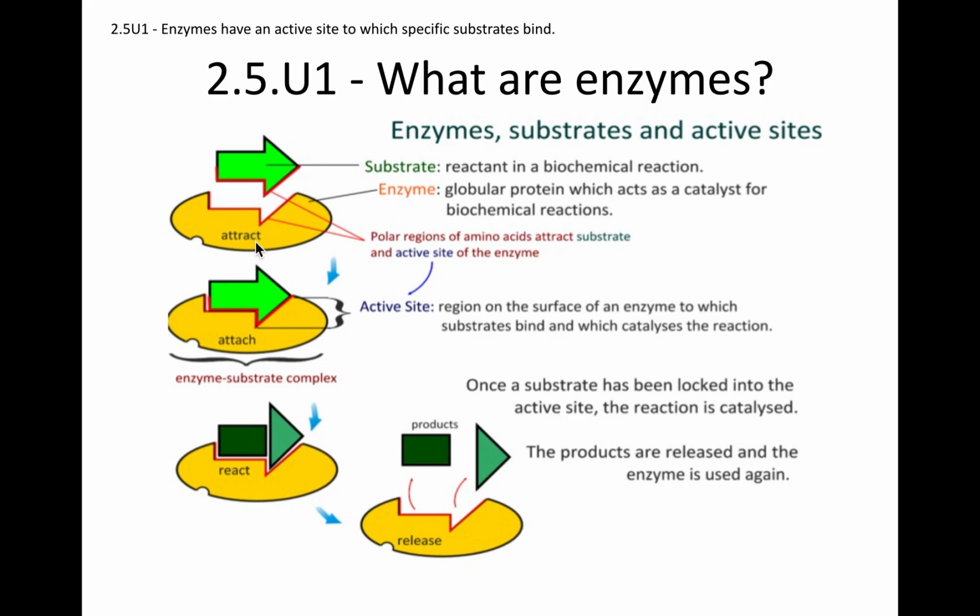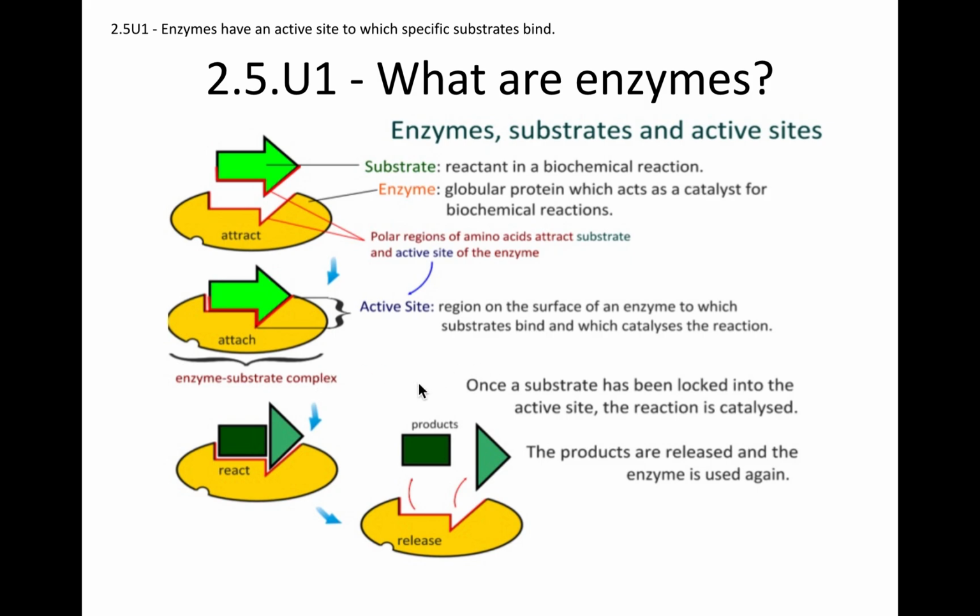So they will want to bind together. We call this location on the enzyme where the substrate is going to attach the active site. The active site is the region on the surface of an enzyme to which the substrate will bind and which catalyzes the reaction. When they are together and connected, we call this the enzyme-substrate complex.